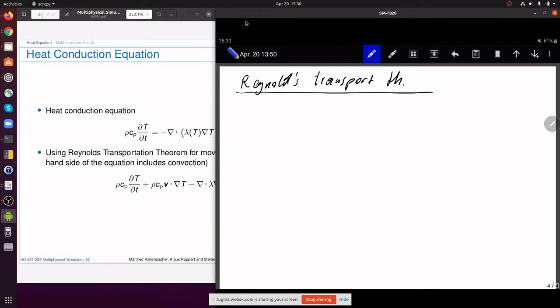So let's consider it in an abstract way. We have a scalar quantity, which can be temperature or the electric scalar potential.